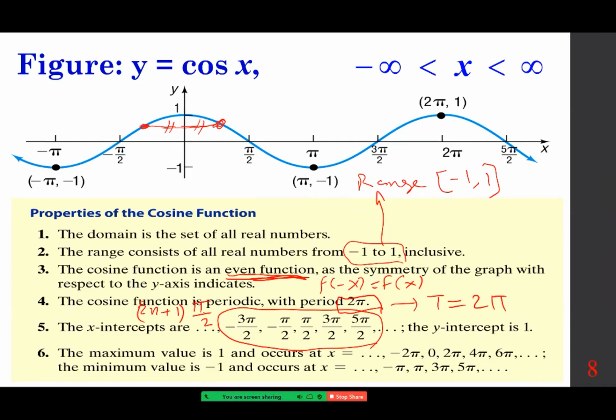So pi over 2 times any odd number gives result for cosine to be 0, a basic cosine. And as I mentioned, the maximum and the minimum values are here, negative 1 and 1. That gives rise to the range, if you will.